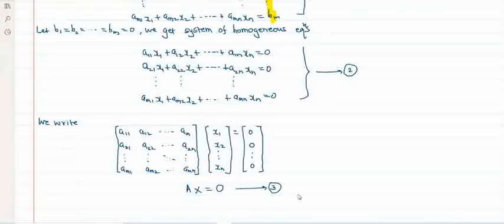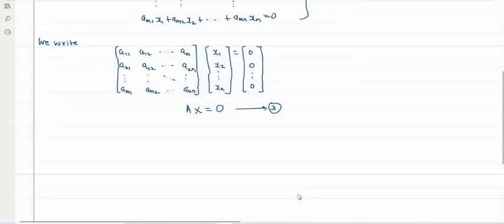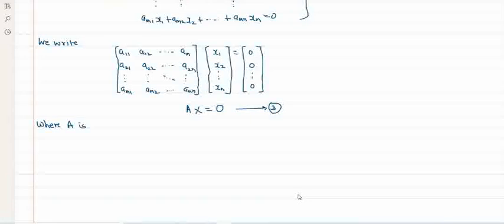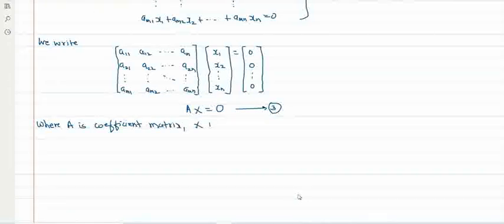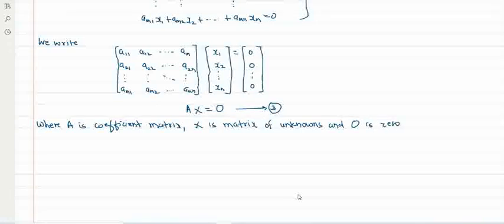That is a particular case where A is the coefficient matrix, X is called the matrix of unknowns, and capital O is called the null matrix. A is the coefficient matrix, capital X is the matrix of unknowns, and capital O is the 0 matrix.